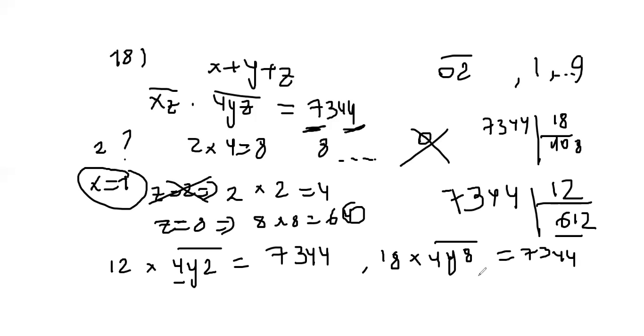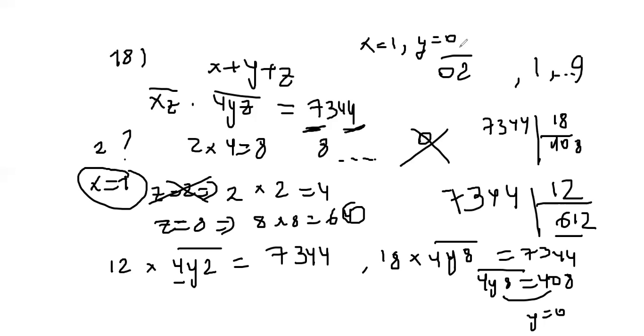So actually we get 4y8 equals 408. So from here we can see that y is 0. So which results did we get? We got x equals 1, y equals 0, and z equals 8. So if we add them in this expression, 1 plus 0 plus 8 is going to be 9, which makes the answer 8.